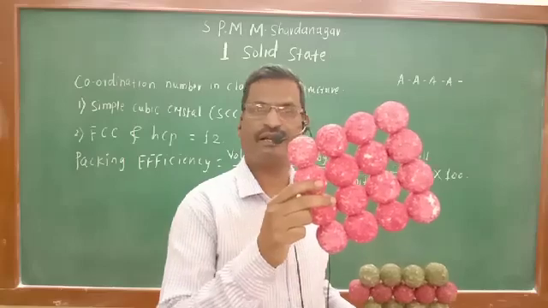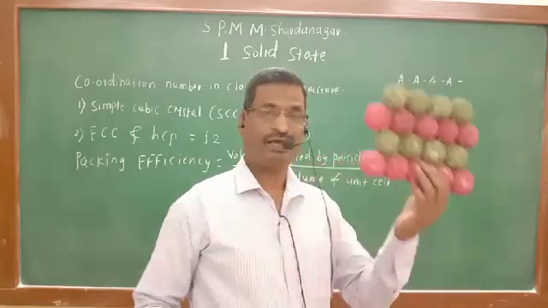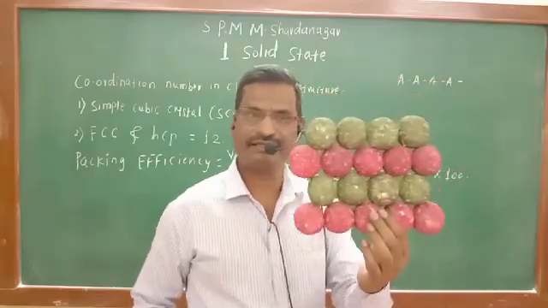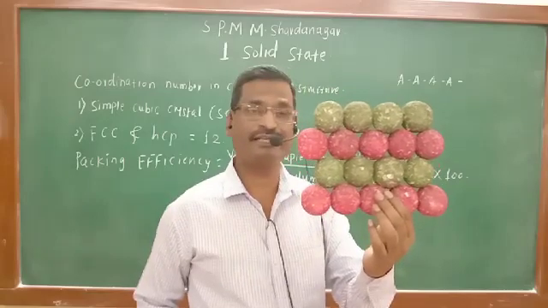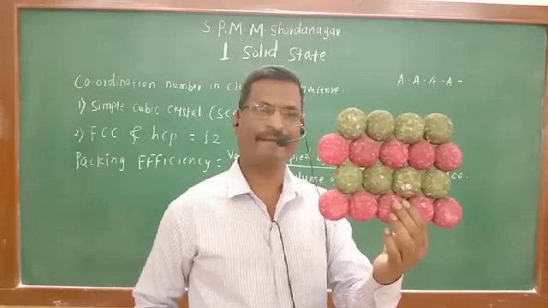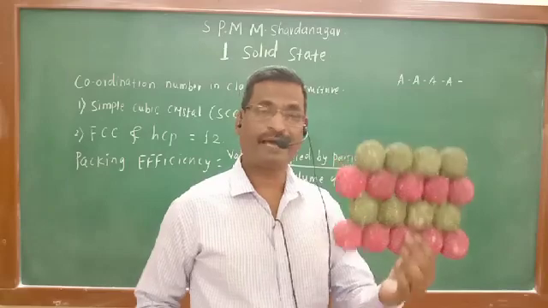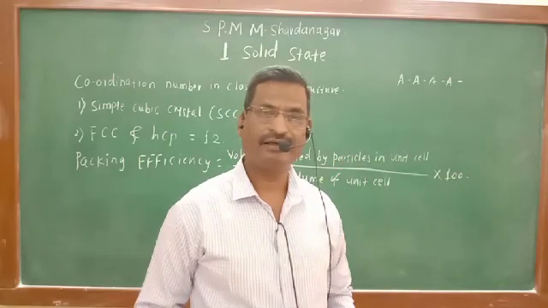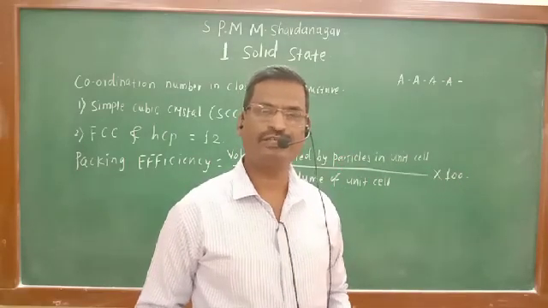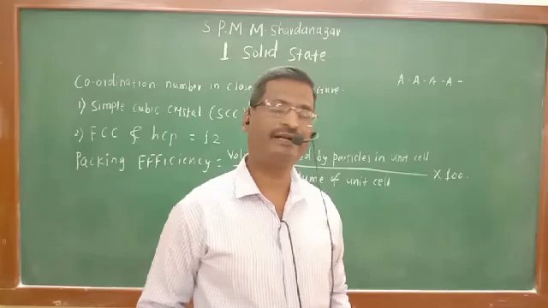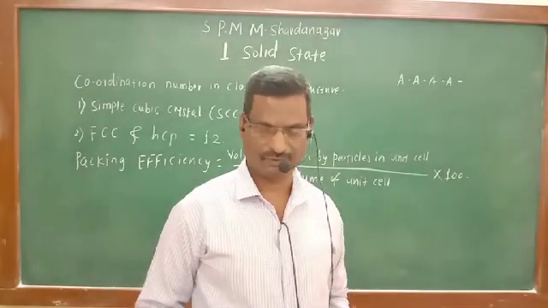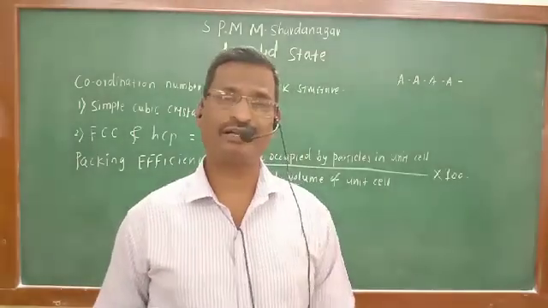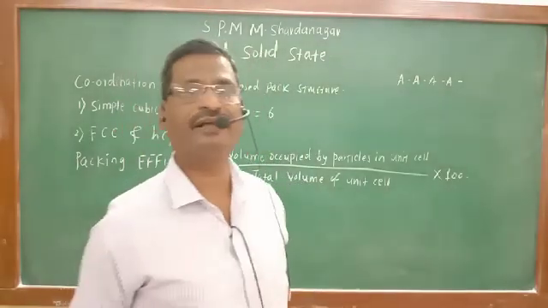Because the coordination number is 4. Here the coordination number is 6. Therefore packing is more and empty space is less. So packing efficiency depends on which factor? It depends on the coordination number. Greater the coordination number, greater is the packing.